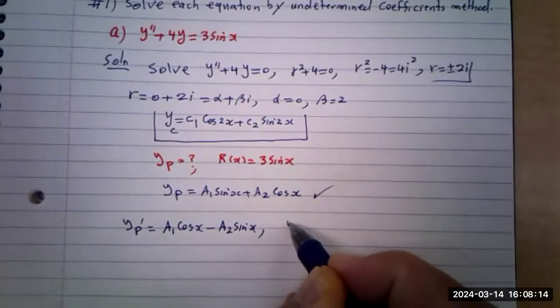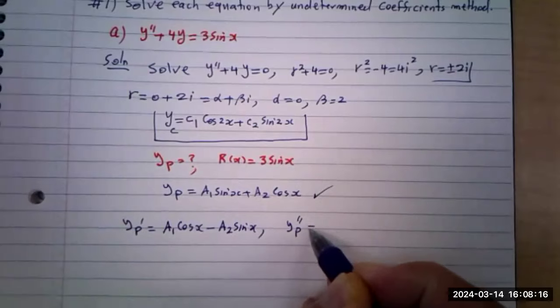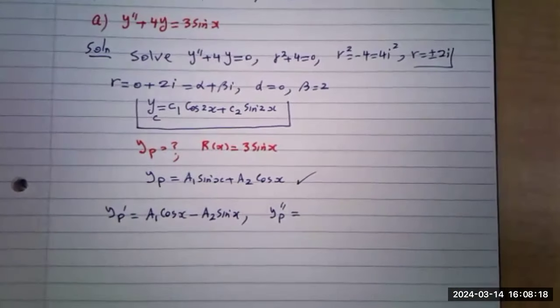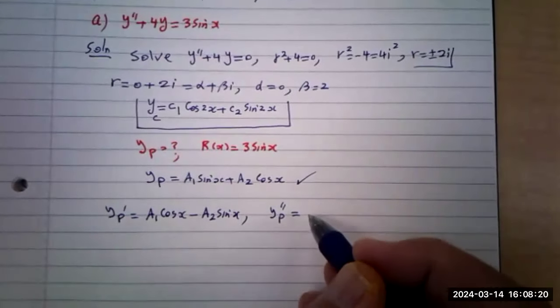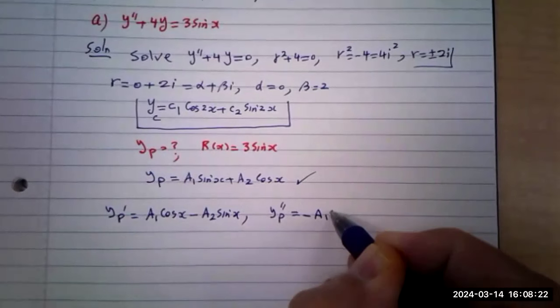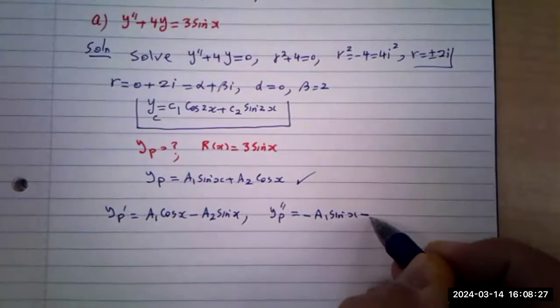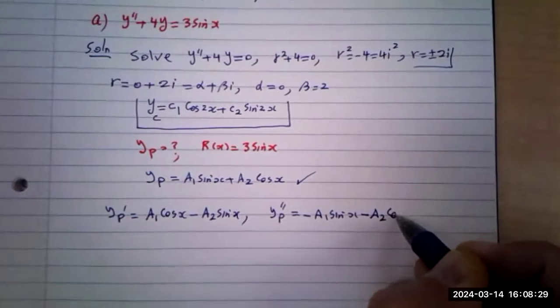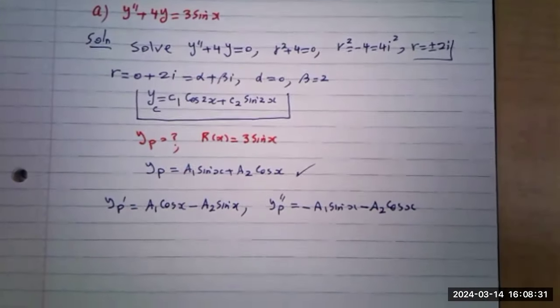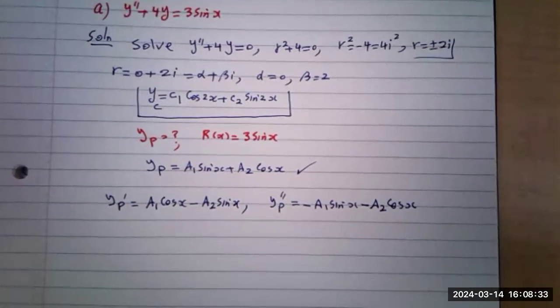You differentiate again because you need y double prime. So y double prime, if you have a cosine it would be negative sine, so negative A1 sine of x, and this would be negative A2 cosine of x. Okay, drop them back into the equation and get the result.